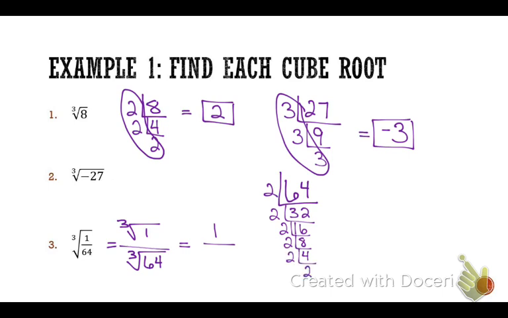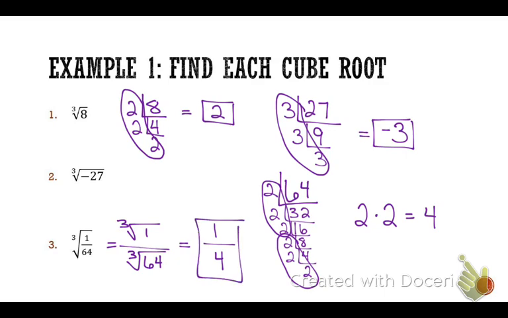Now I need to follow my rule again. For every group of 3, I can circle it. So I have one group of 2s. Do I have another group of 2s? Yes. So I write each one time and I multiply them together. What's 2 times 2? 4. So 4 is the cubed root of 64.